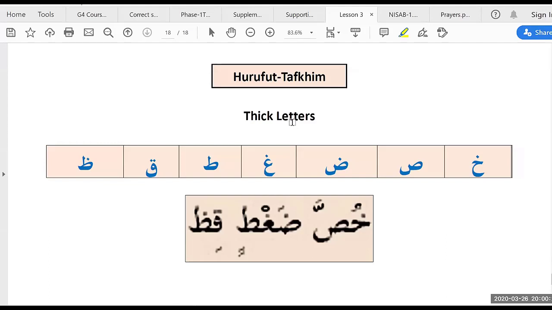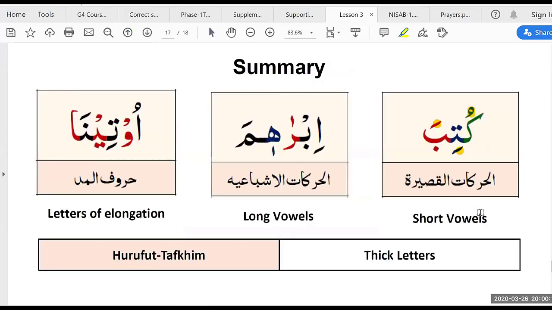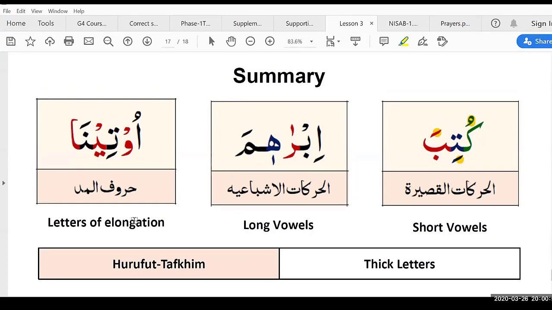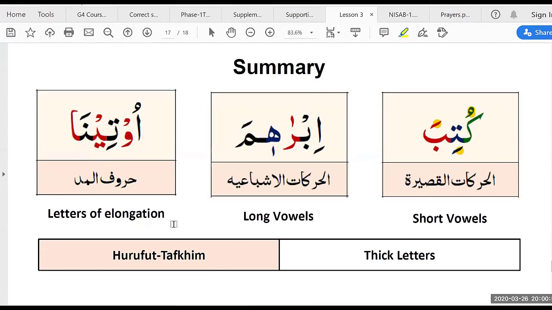Okay. So, let me ask one more question. The TA has already covered this really well, but I'm going to ask it. So, letters of elongation, they are prolonged for 2 seconds, and in this regard, they are similar to which vowels?